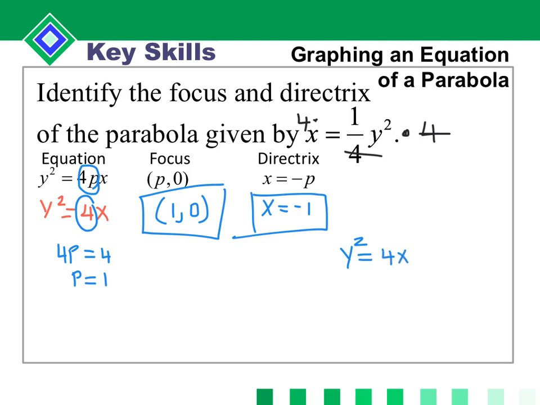Okay, now let's move on. Remember, I could rewrite this equation by finding the square root of both sides, y equals plus or minus the square root of 4x. I can do that if I want to graph it on a calculator.